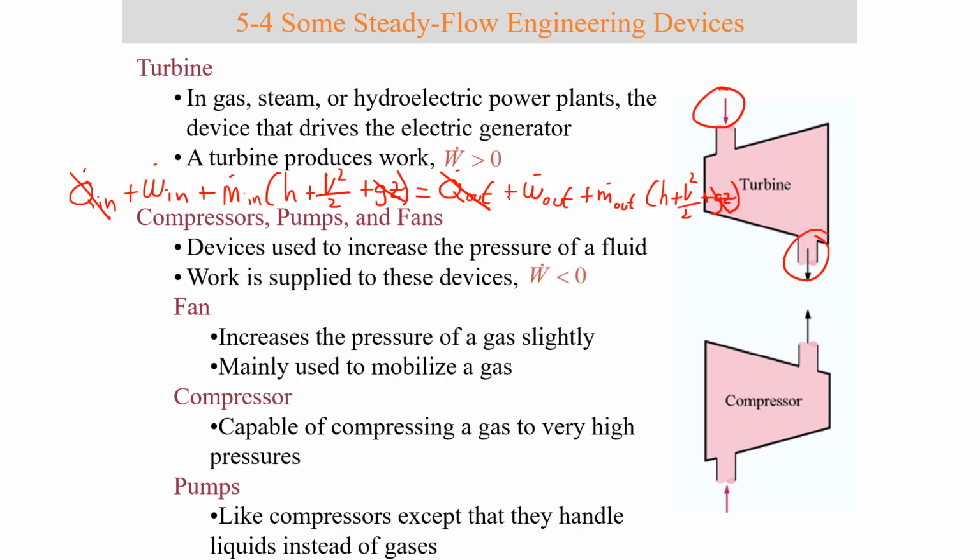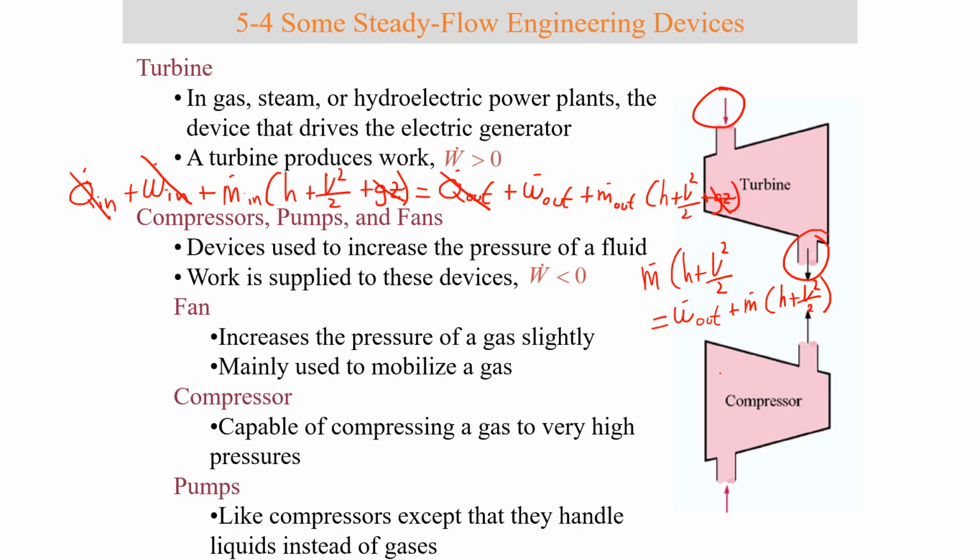If it's the turbine, there's no work in, so it would be left with mass flow in multiplied by enthalpy and kinetic energy equals work out in case of the turbine, because there's no work into the turbine, there's only work out because the turbine is a work producing device, plus the mass flow out times the enthalpy and the kinetic energy.